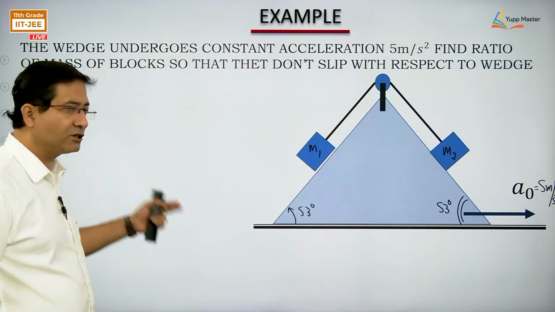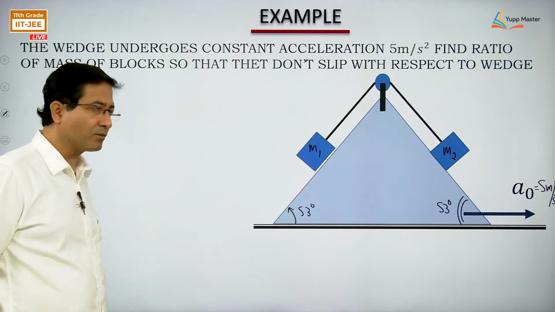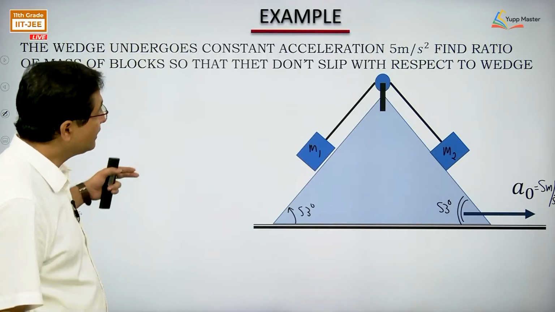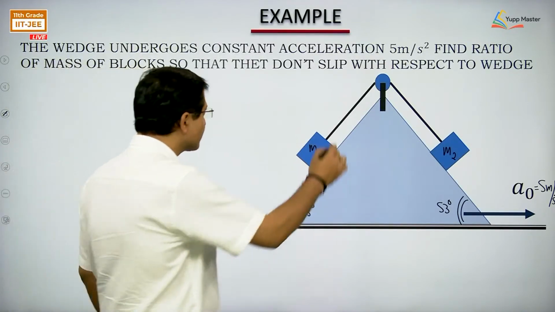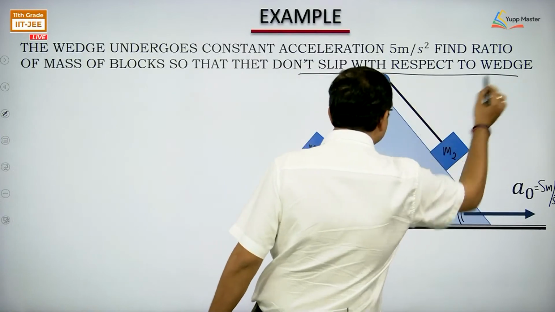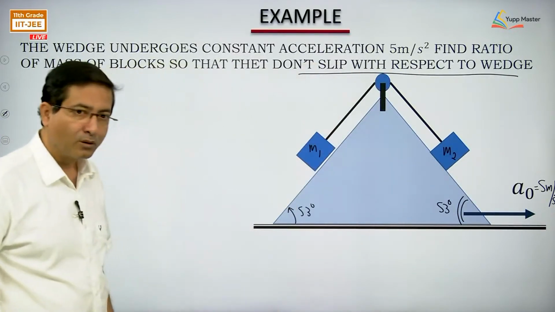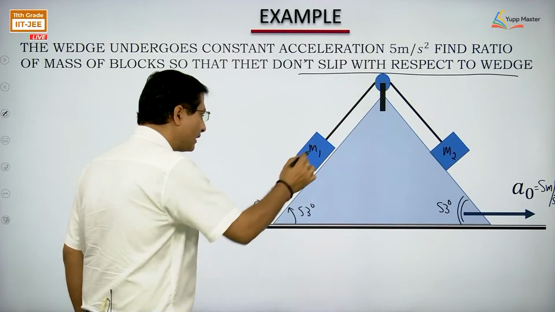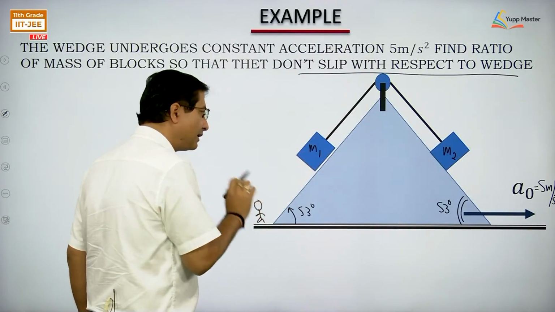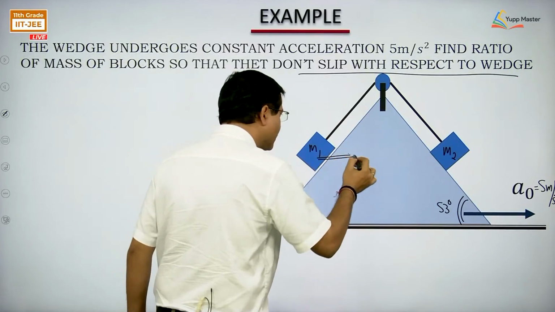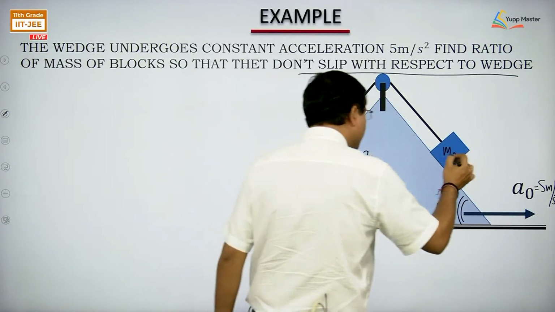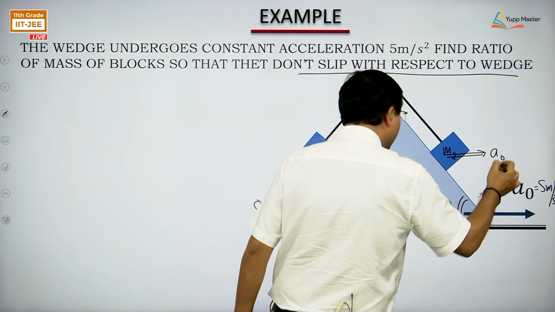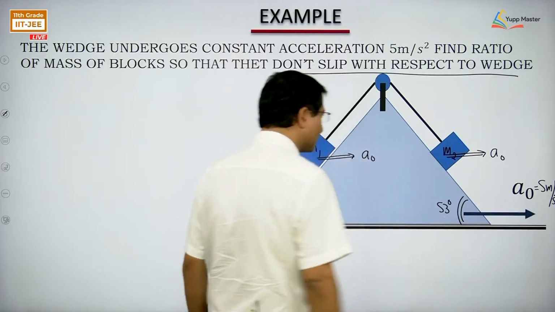The question is, what should be the ratio of the masses of the blocks so that they won't slip with respect to the wedge? So a person standing on the ground, what is he going to observe? If they are not slipping with respect to the wedge, he is observing that this goes with A naught, this goes in this direction with A naught, and the wedge is going with A naught.